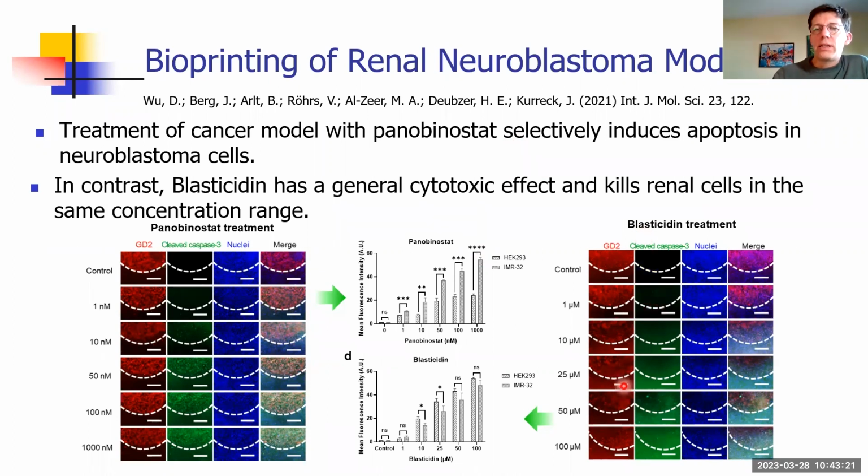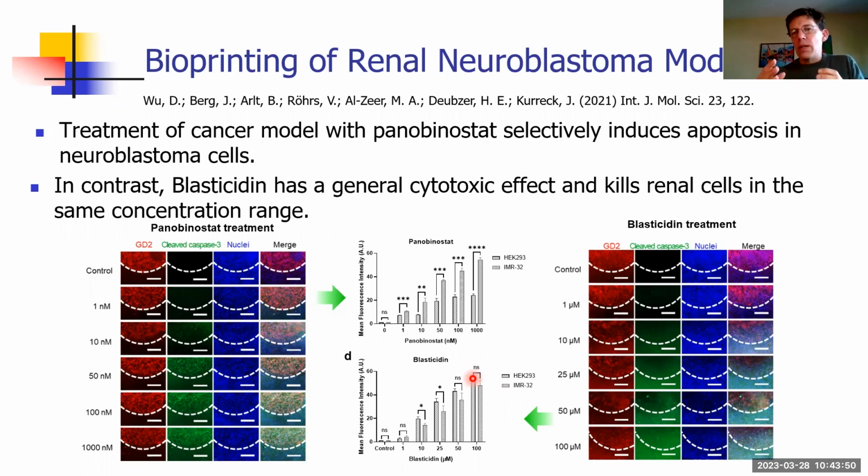And here we see that not only the inner part of the neuroblastoma cells, but also the outer part of the kidney cells start to give a signal for apoptosis. And here the quantitative evaluation demonstrates that apoptosis is pretty similar between the neuroblastoma and the kidney cells. So here we obviously have a drug that is not selective for the neuroblastoma cells.